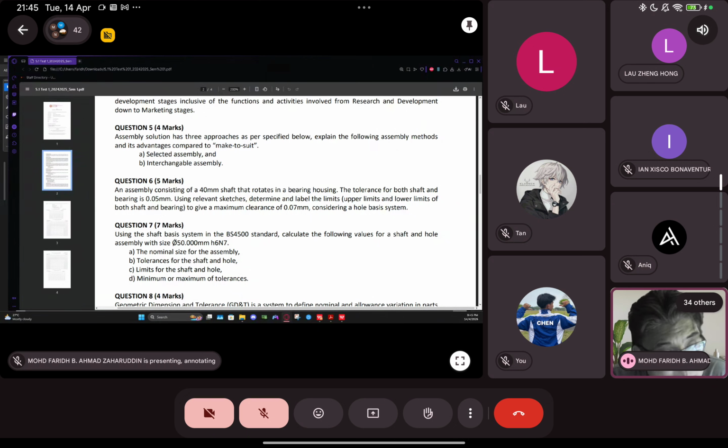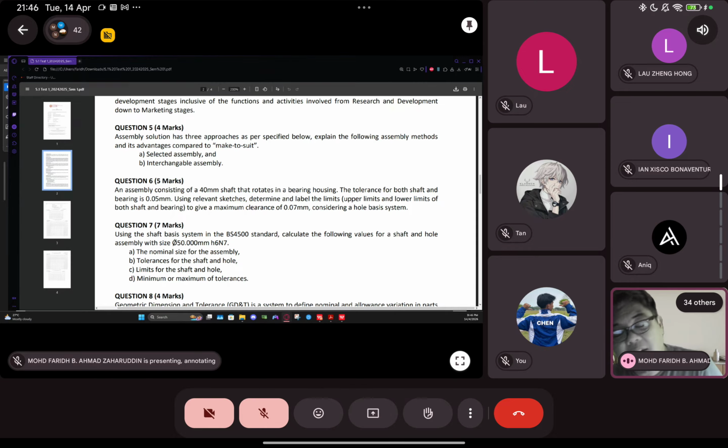Normally it asks what is the minimum and maximum of clearance, or the minimum and maximum of interference. That is fine. Maybe it's been corrected in the exam. Thank you, doctor.